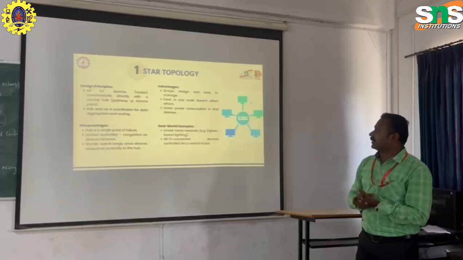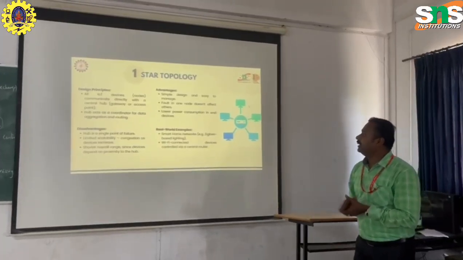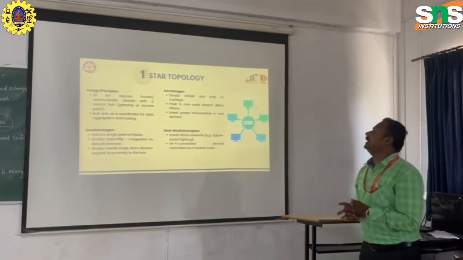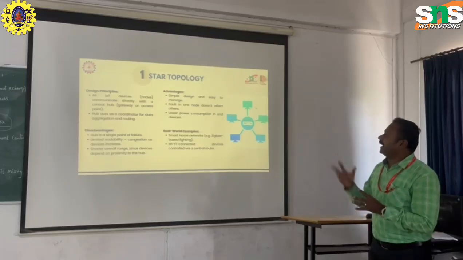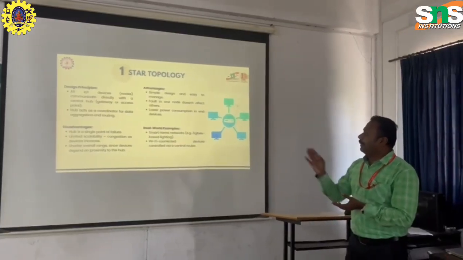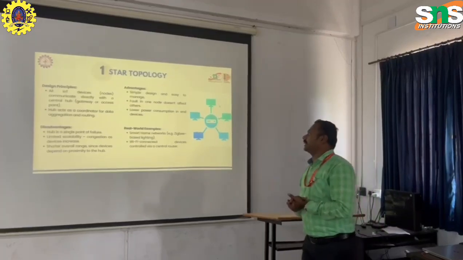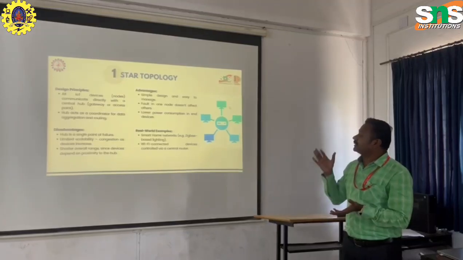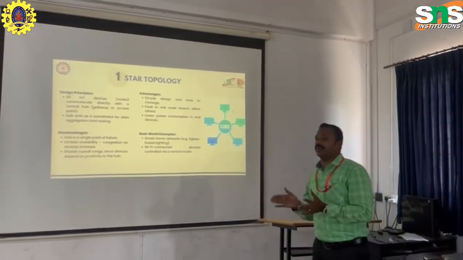First of all, we want to know what the design principle is. All IoT device nodes communicate directly with a central hub, gateway or access point. The hub acts as a coordinator for data aggregation and routing. This design principle concerns node communication.